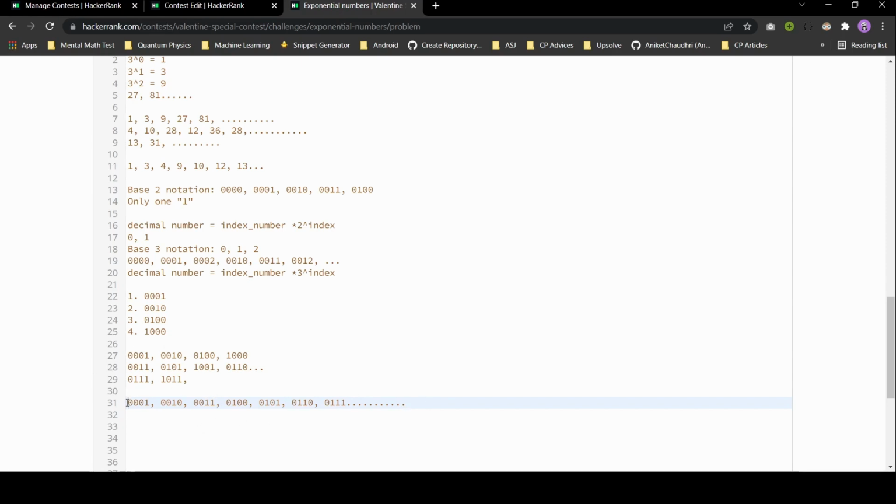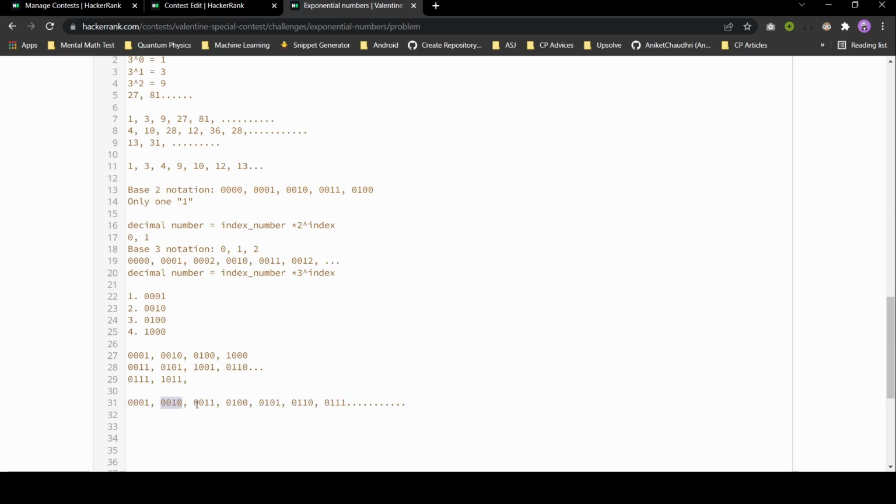A clear distinction that you will see here is that these are not powers of 2. These are numbers written in the binary representation, or base 2 notation. Compare this with this. So this is 1, this is 2.